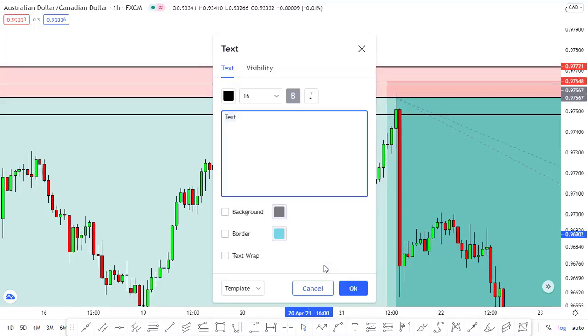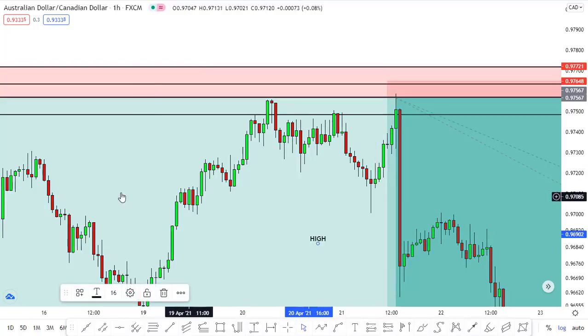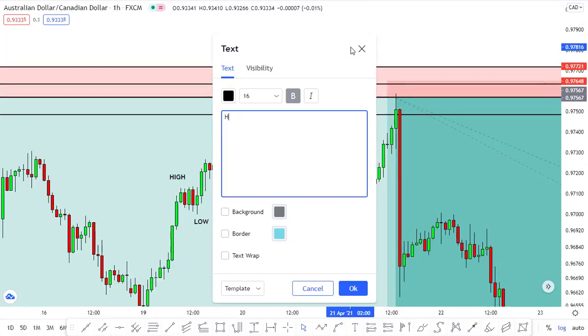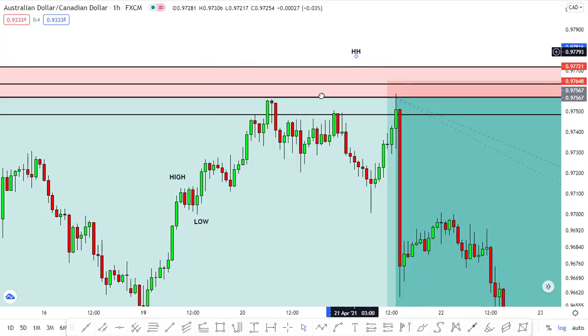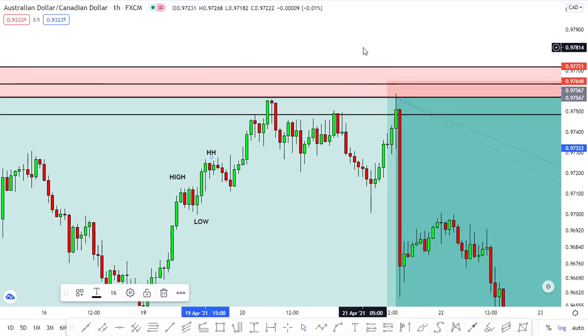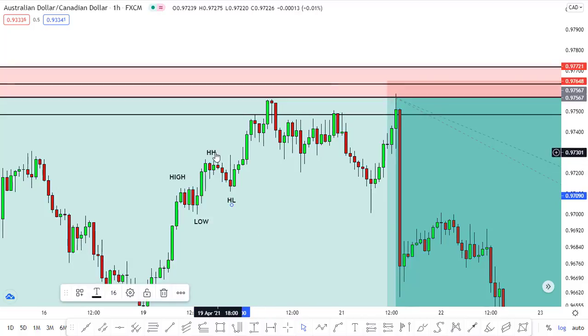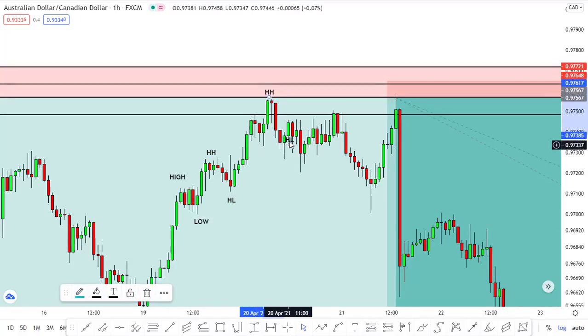We have a high, and these highs which I'm telling you are in low time frames. For example, it could be a good high in the 5-minute time frame, and this one could be a good low in the 5-minute time frame too. So what we have here is a high, a high low, another high, another high low.